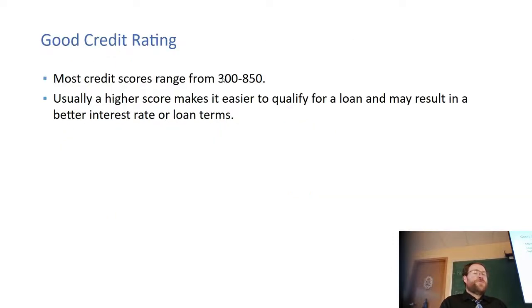Most credit scores are from 300 to 850. Usually a higher score makes it easier to qualify for loans. I think the magic number that they say, for most things, if you have a score that's 720 or higher, you're probably going to get, if not the best rate, pretty close to it.